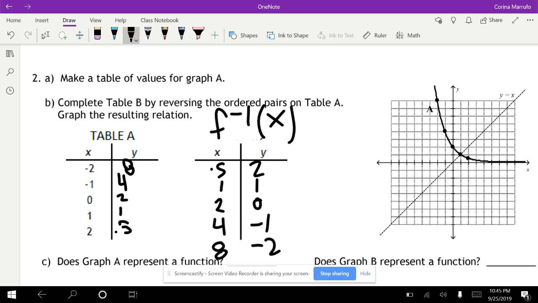So we have 0.5, 2, then 1, 1, which is the exact same point there, 2, 0, 4, -1, so 2, 3, 4, -1, and then 8, so 4, 5, 6, 7, 8, -2. And then we connect.